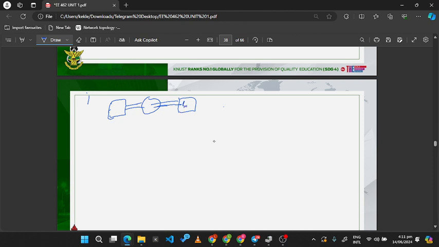So we have a load, our motor, and then our converter. We've been given the converter's efficiency as 95%. So that's the converter. We've been given the losses in the motor as 750 and 800, and we've been given the output power as 30 kilowatts.